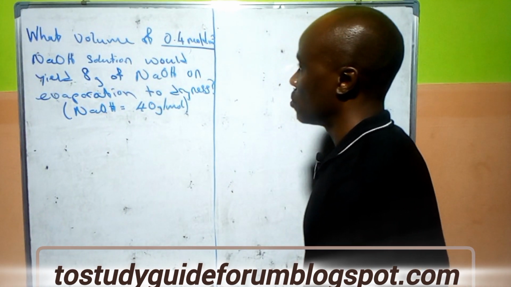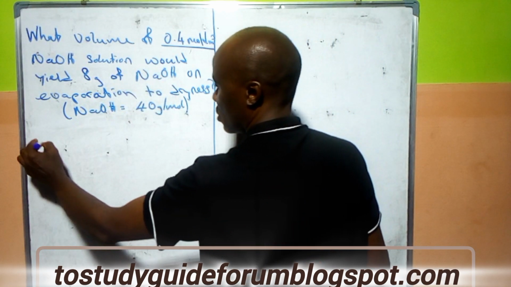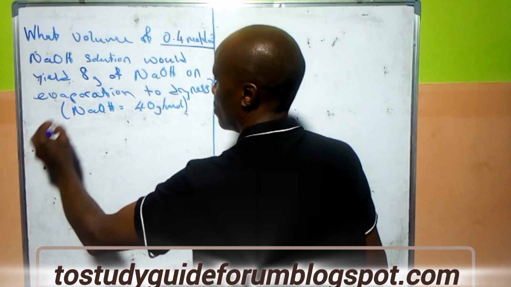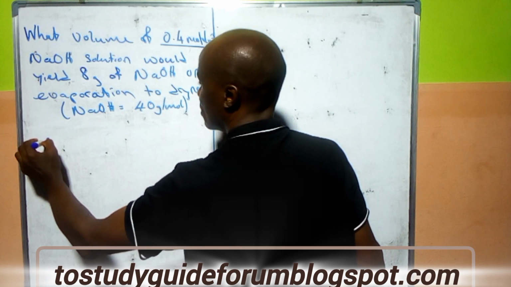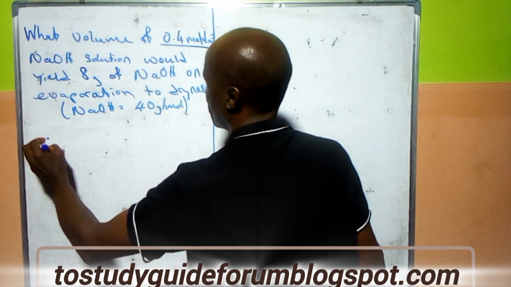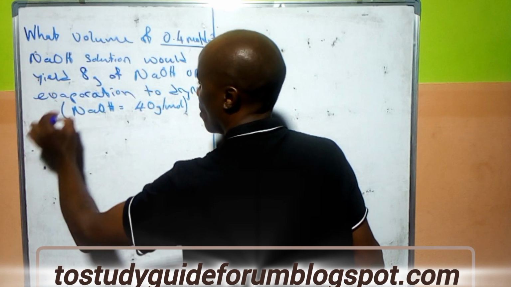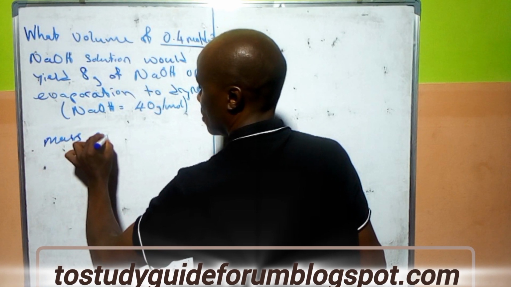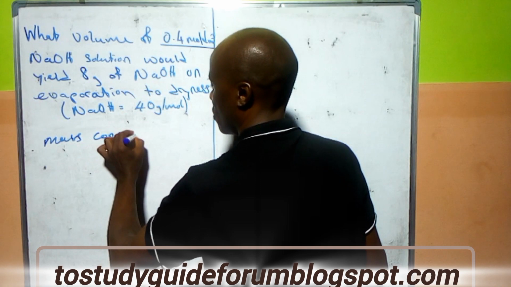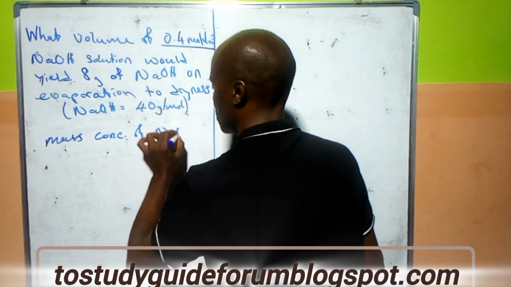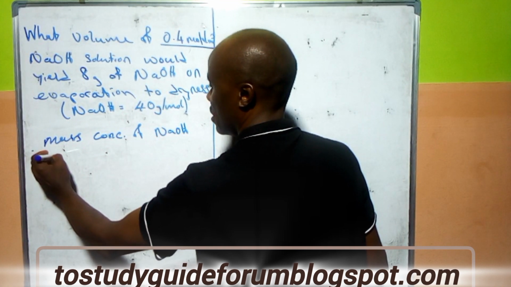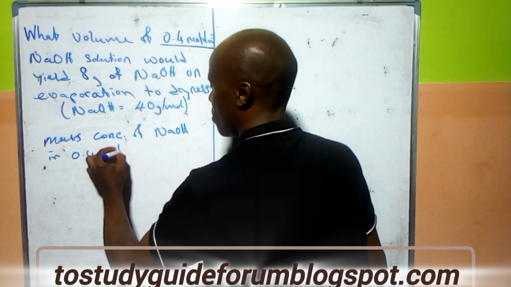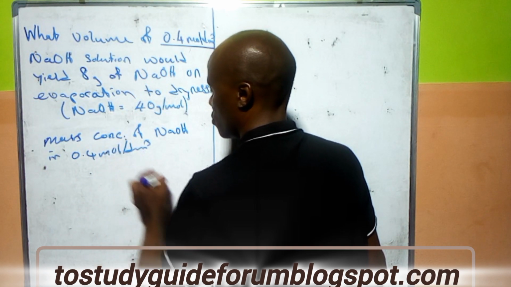So first, to get the concentration in grams, that is to say, the mass concentration of the sodium hydroxide in 0.4 mole per dm cube.